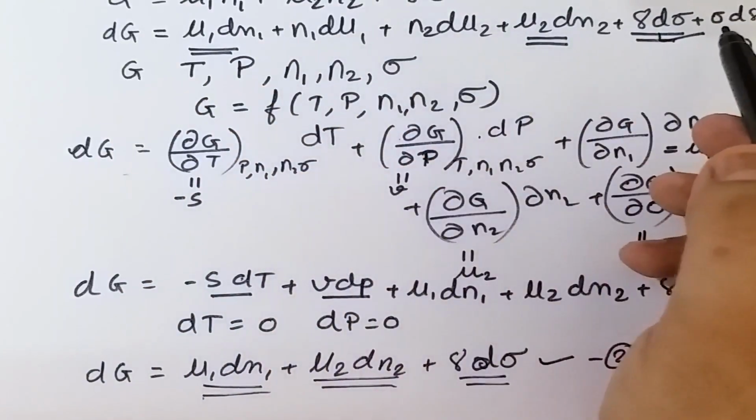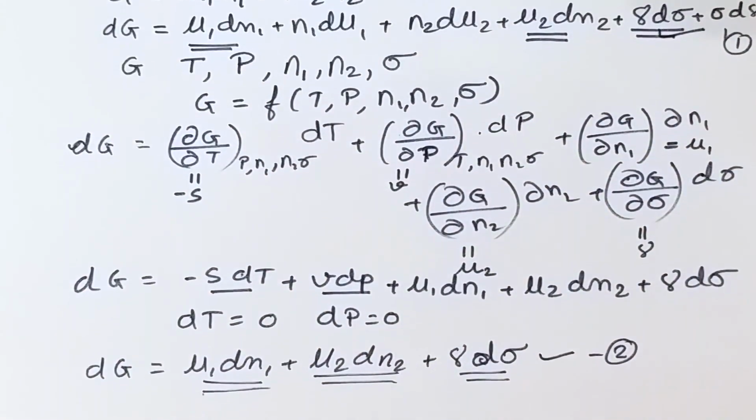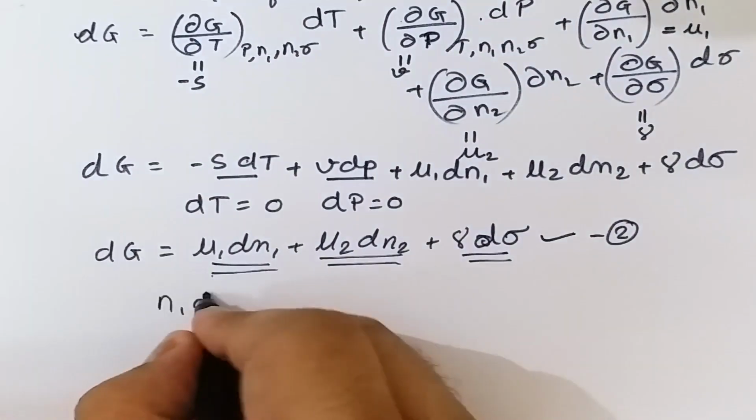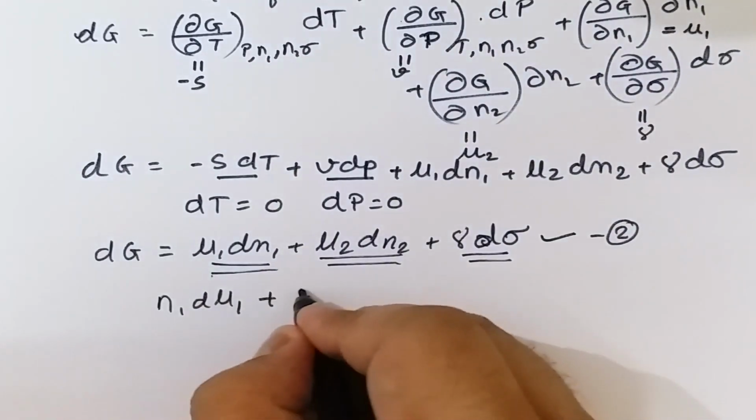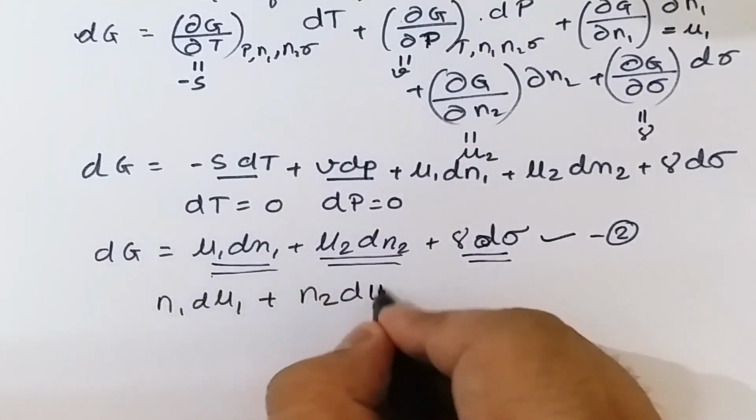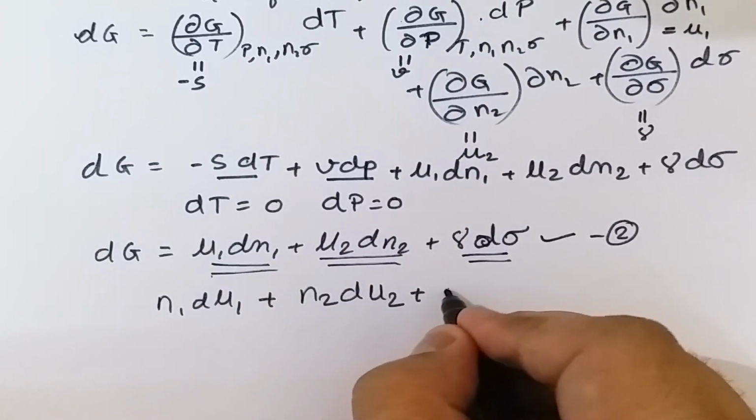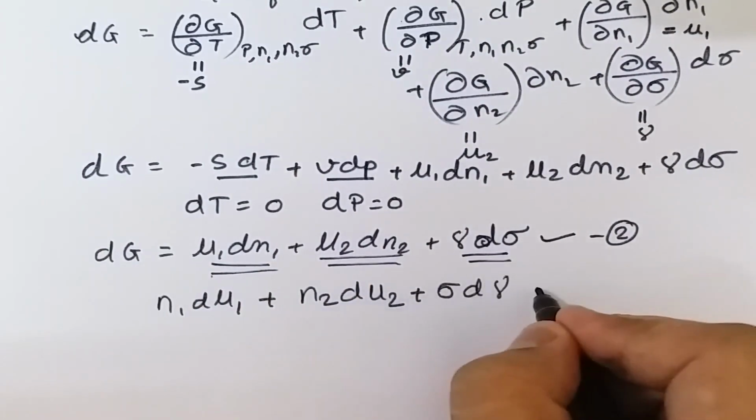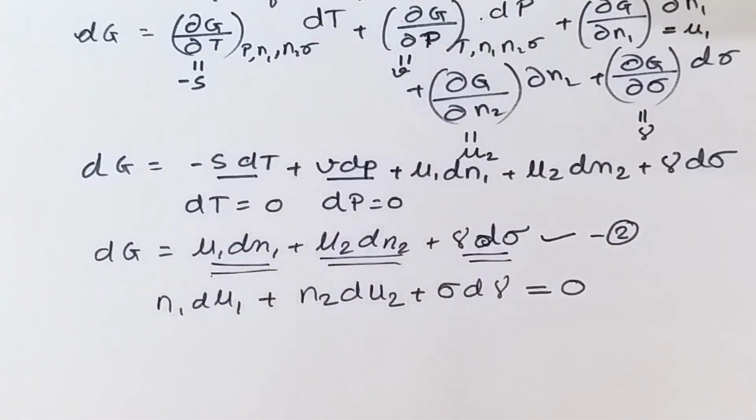The remaining terms will be equal to 0, and hence I can write n1 d mu1 plus n2 d mu2 plus sigma d gamma equal to 0.